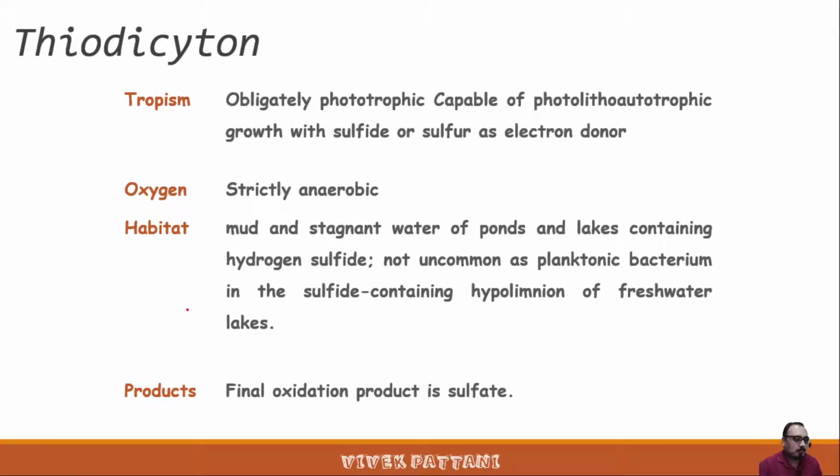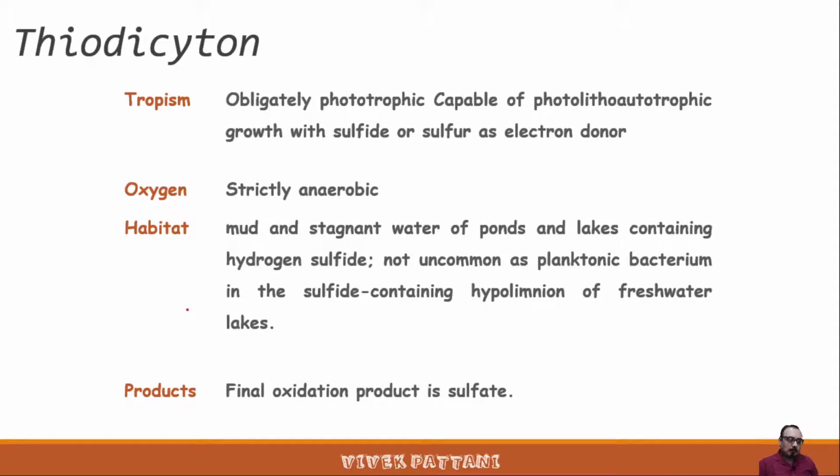Tropism: they are obligately phototrophic, capable of photolithoautotrophy only, with sulfide or sulfur as the electron donor, and they are strictly anaerobic, whereas Thiocapsa can survive in aerobic conditions also as it is mixotrophic.